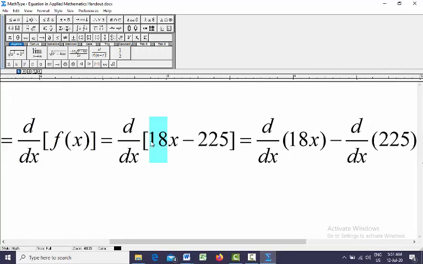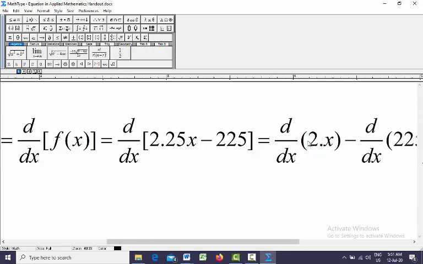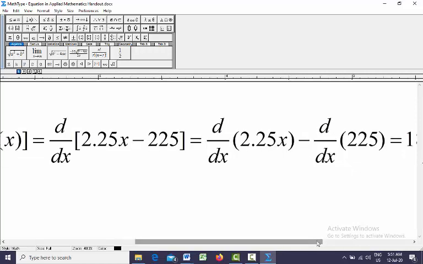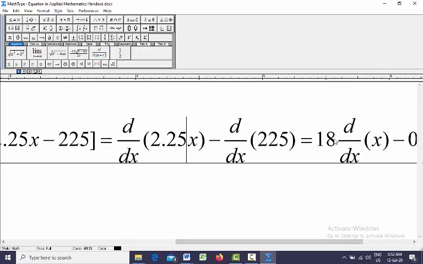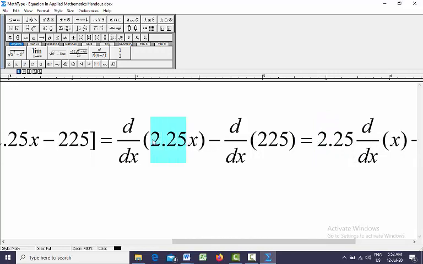That means here if you put 2.25x, in that case here you will have 2.25, because this 2.25 is the coefficient of x, because this 2.25 is in multiplication with x. So you need to bring this 2.25 outside of x, right?